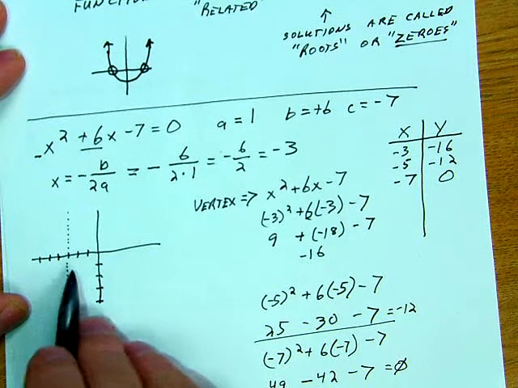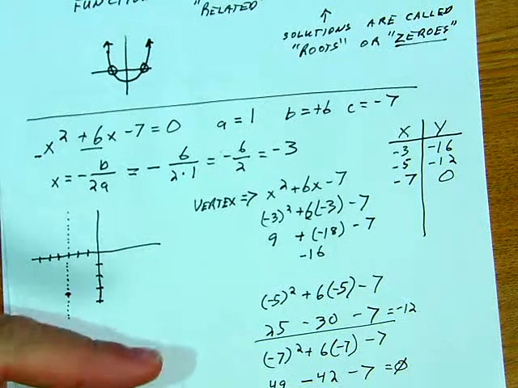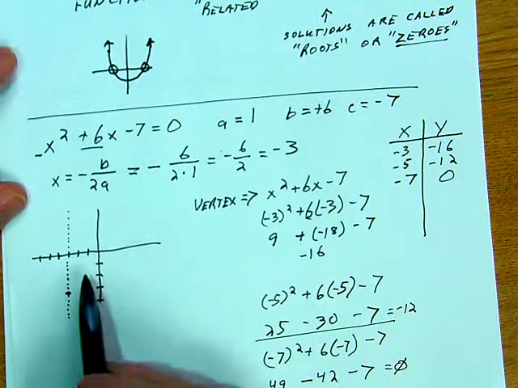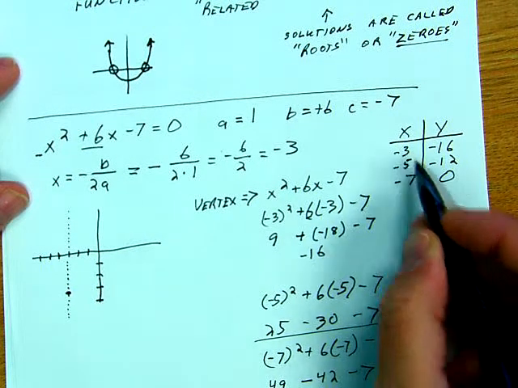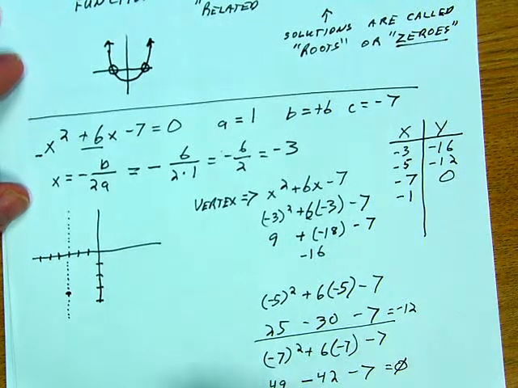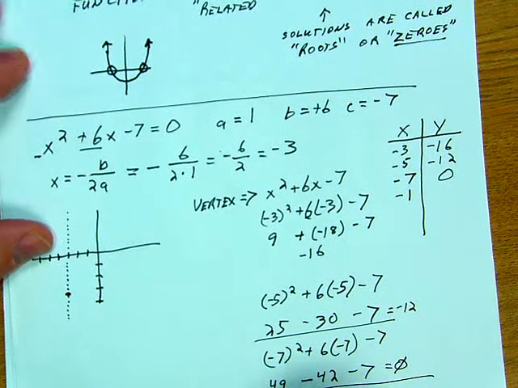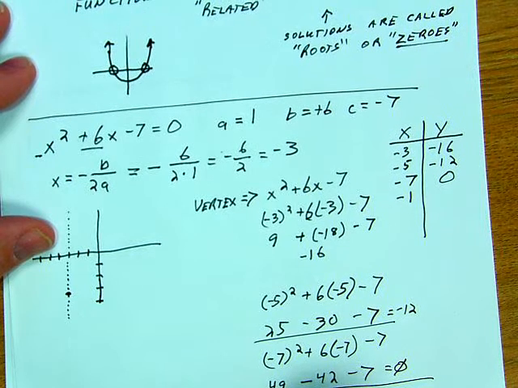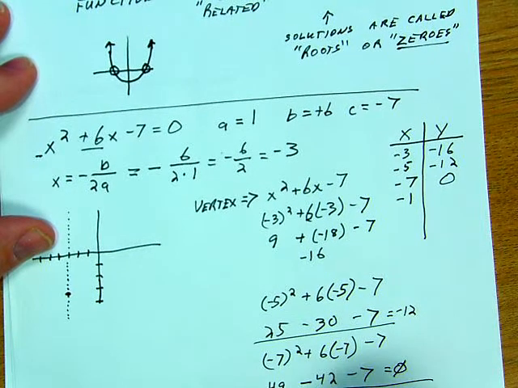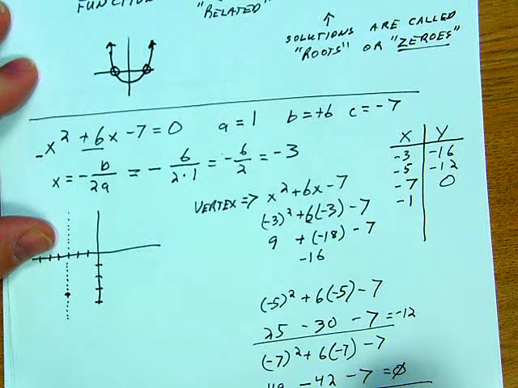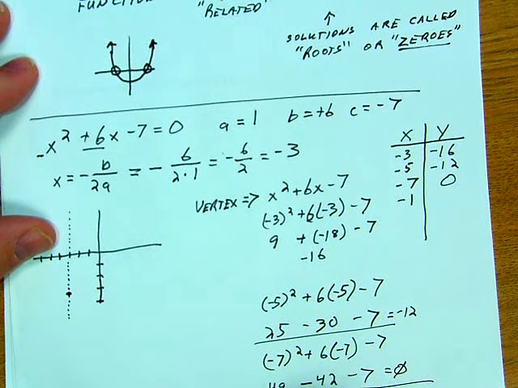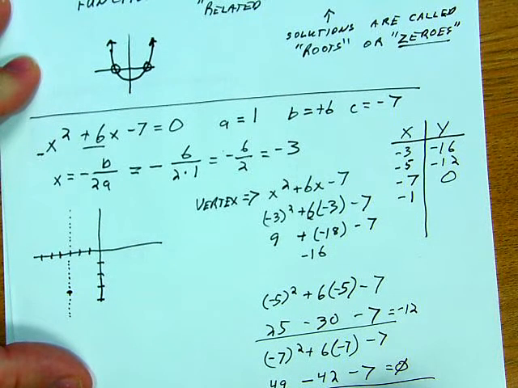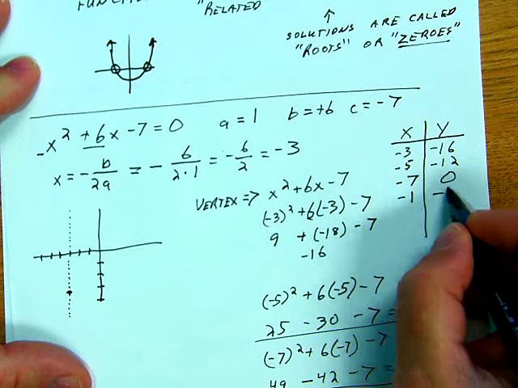I'm going to go the other way. From negative 3, I'm going to go that direction, over 2, to negative 1. When I plug negative 1 in here, I get negative 1 squared plus 6 times negative 1 minus 7. So I get 1 minus 6 minus 7. 1 minus 6 is minus 5, minus 7 is minus 12.